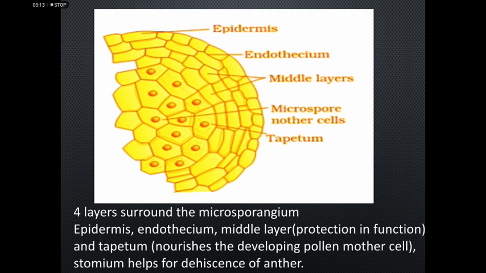The first three layers, that is epidermis, endothecium, and middle layer, serve a protective function, and the tapetum functions as nourishment. That means it nourishes the developing pollen grains. That is, the microspore mother cells get nourished and they divide meiotically.